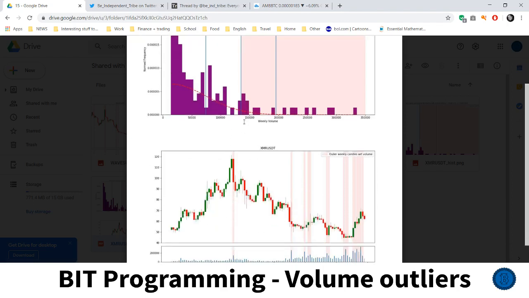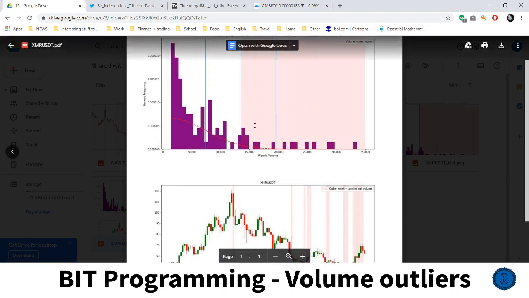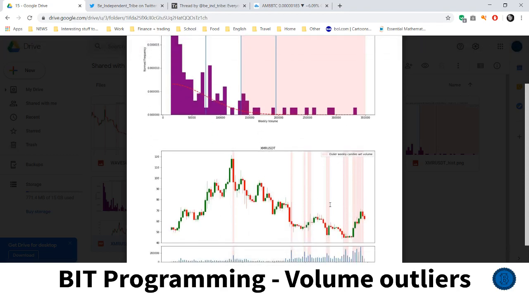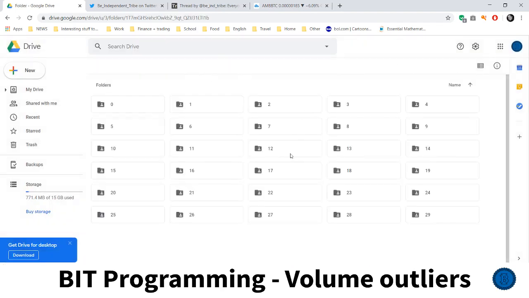So 13 cases here, and 14 here. Maybe sometimes it also misses a few, but I hope that illustrates my point, because each one of these is definitely illustrated here.